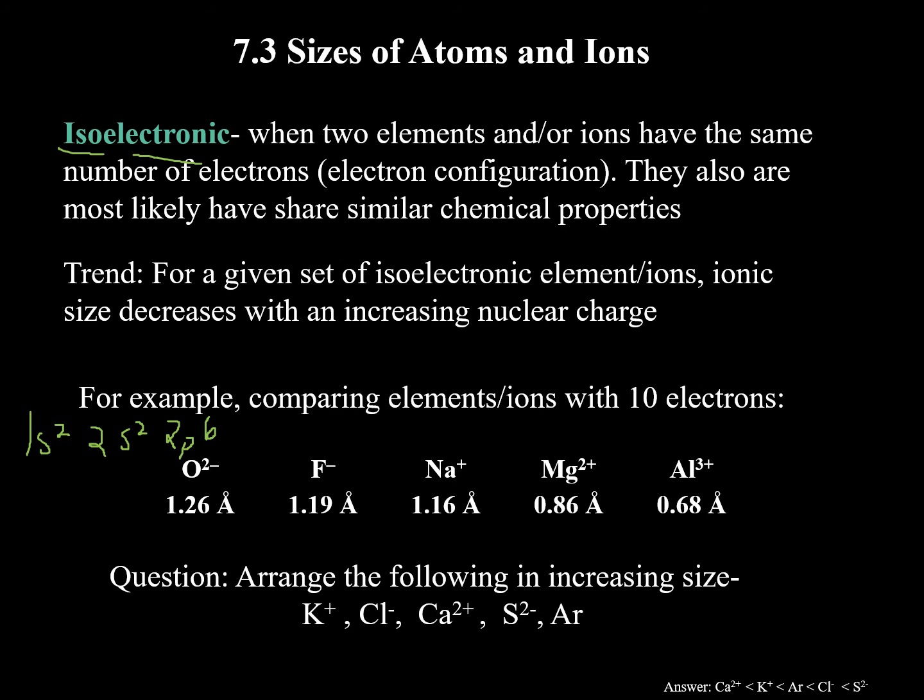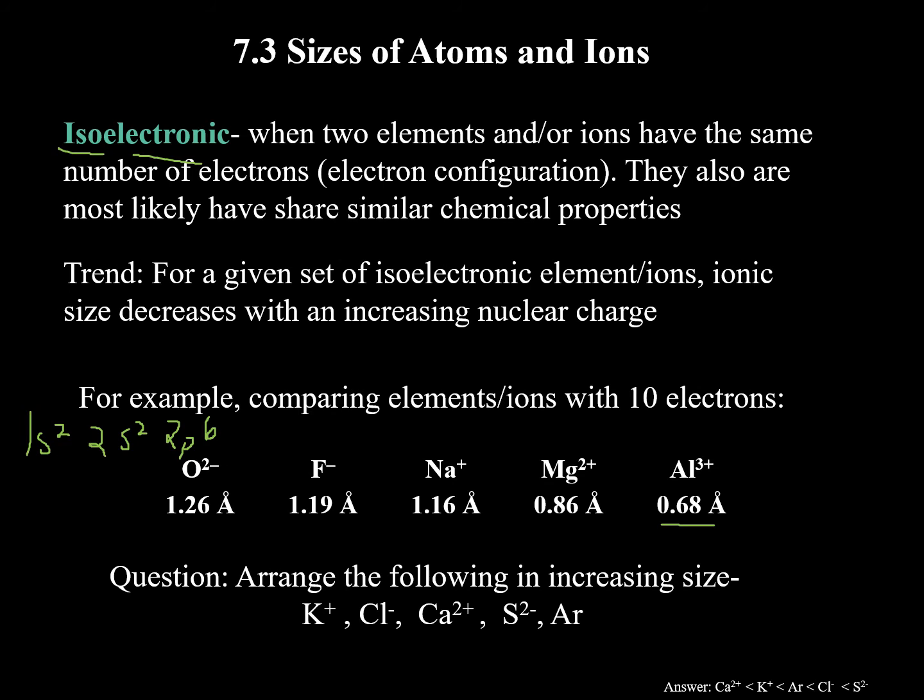What is the difference in all of these cases? The amount of protons. So aluminum has 13 protons, oxygen has 8 protons. So you can imagine the Al3 plus will be smaller, shown here by 0.068 angstroms, because the more protons will pull in the outer electrons to make it smaller.